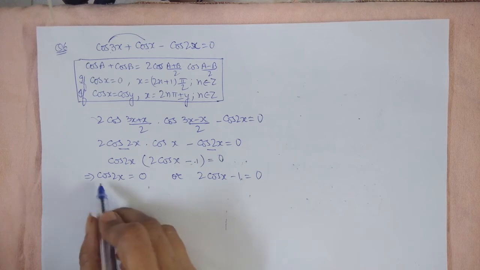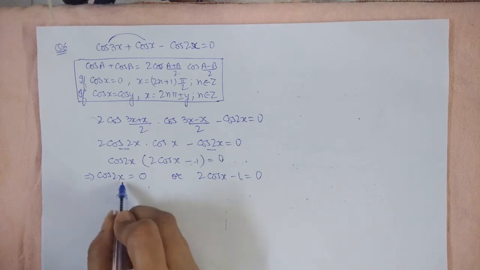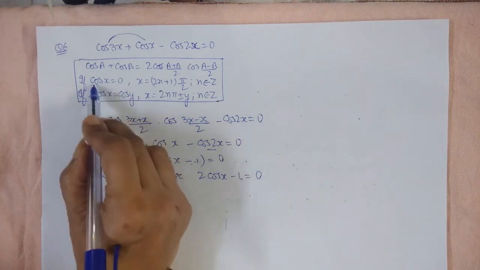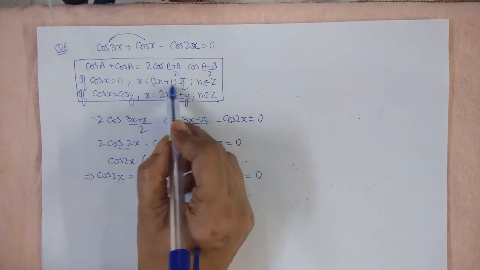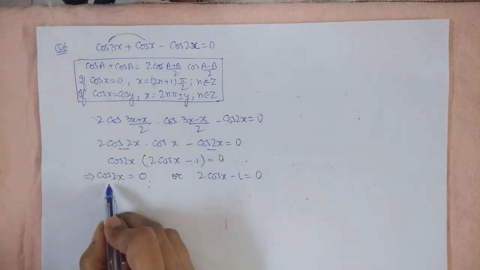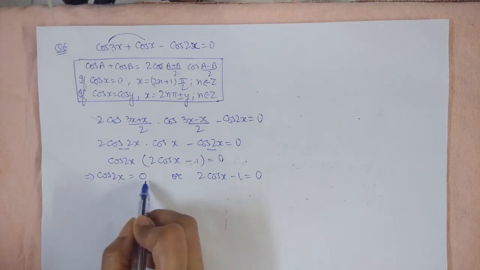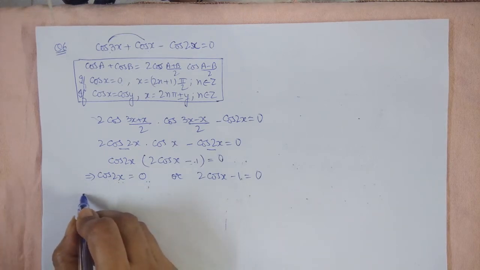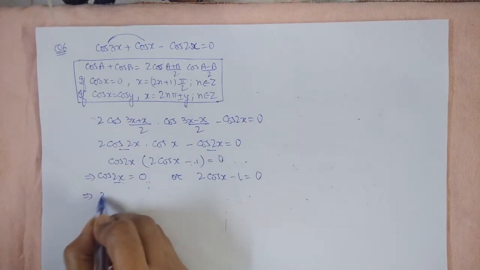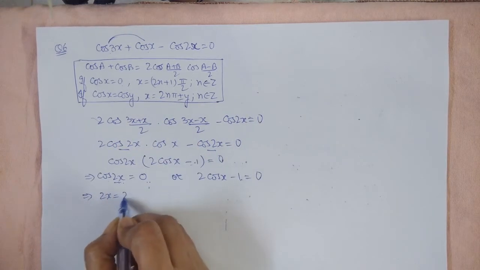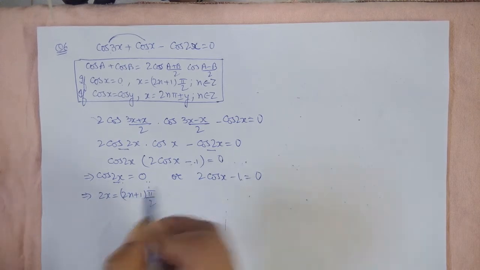Now use the concept: if cos x equals 0, then x equals (2n plus 1) π by 2. The same thing here: cos 2x equals 0, so here x is 2x. So 2x equals (2n plus 1) π by 2.